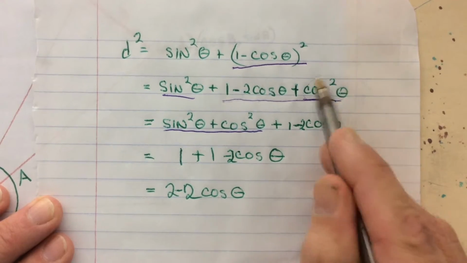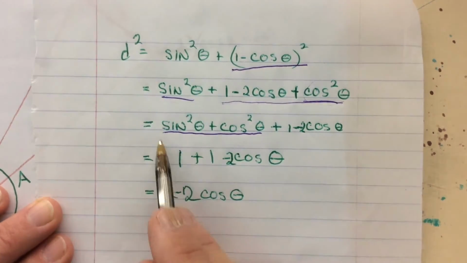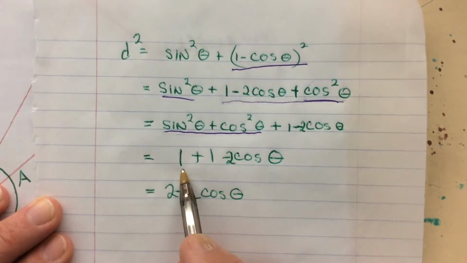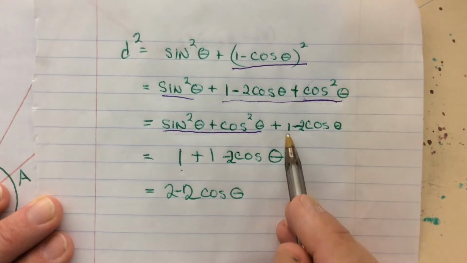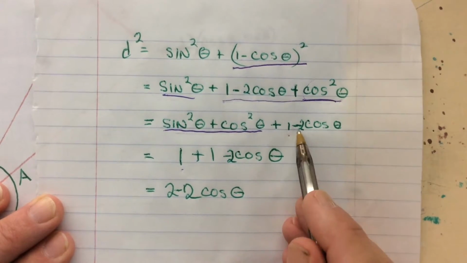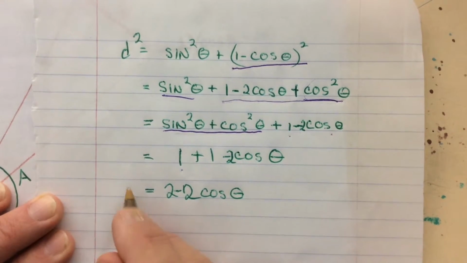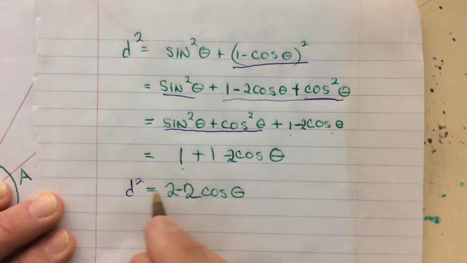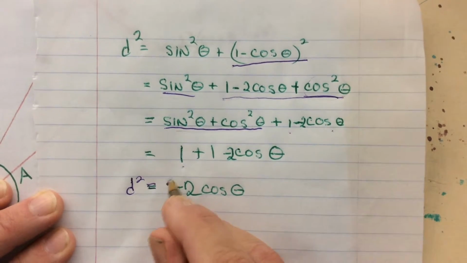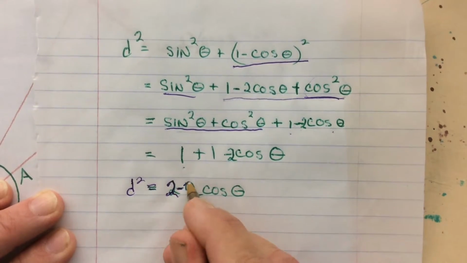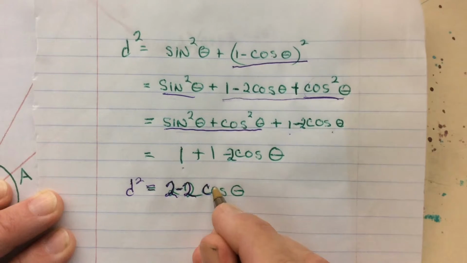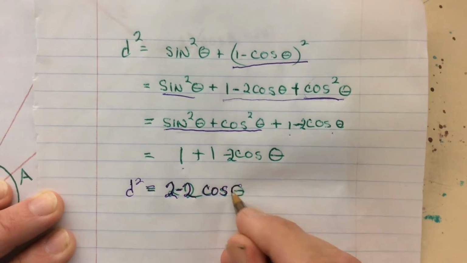Then we've got this cosine squared theta and this sine squared theta, and if we put them together, they equal 1. We had this other 1, and then the minus 2 cosine theta. So when we get all done, d squared is equal to 2 minus 2 cosine theta.